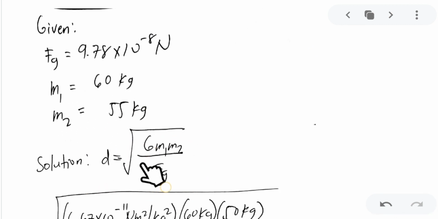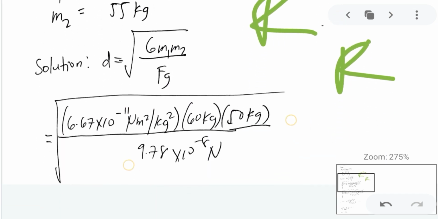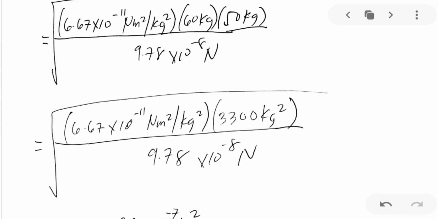You will be using this formula to find the distance. Here we are looking for the separation, so we are using d, or it can be expressed as r squared as well, or just r. That is okay as well. For the solution, substitution: the gravitational constant G, the masses, and then over the gravitational force. Next, multiply 60 times 55, and you will have 3,300 kilograms squared.